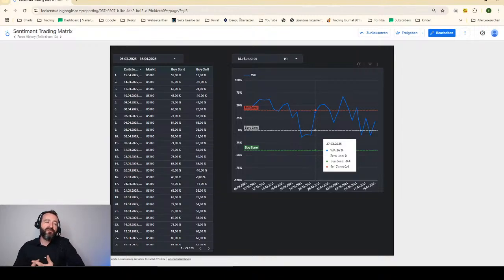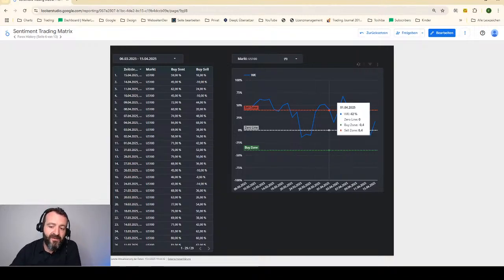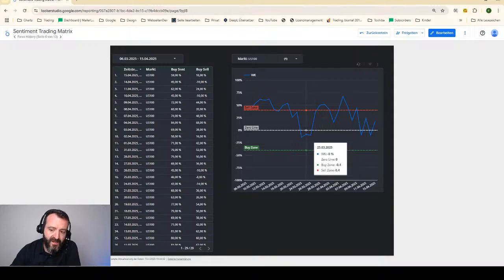Then I can look at what happened. We never know exactly before the incident happens, but the data immediately show me, and here they showed me: look for a short again on the 27th.